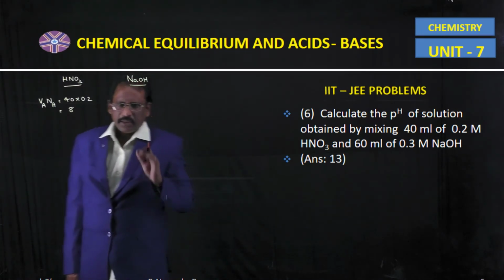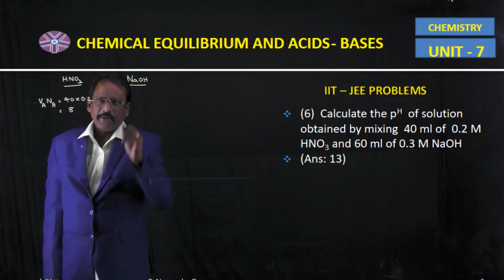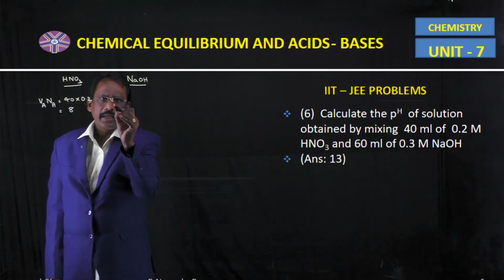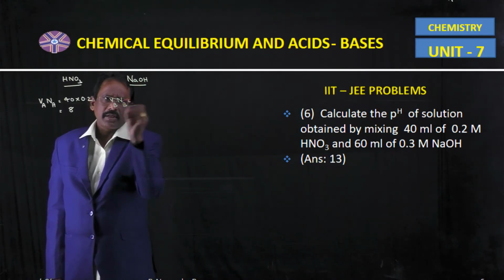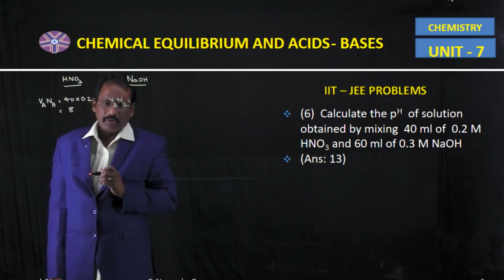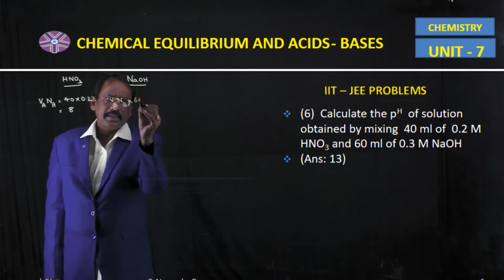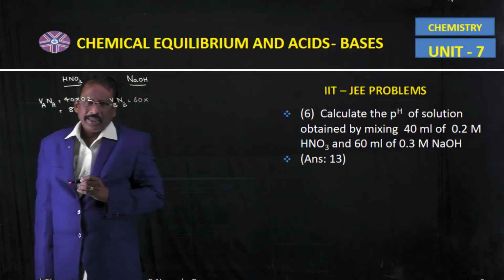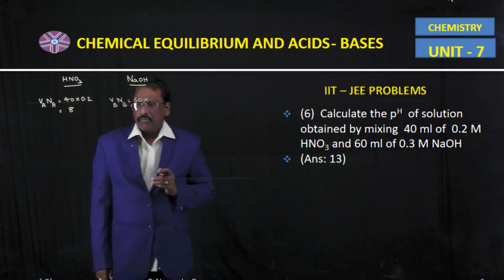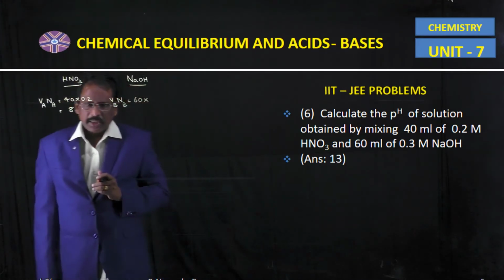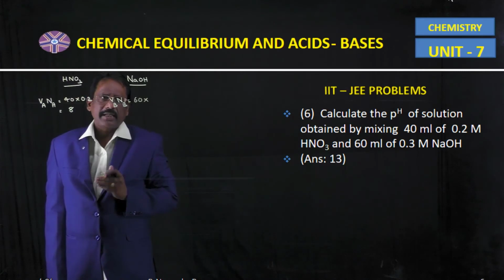Similarly, in the case of caustic soda, milli equivalence of this base is equal to volume into normality. Here volume is 60. In the case of caustic soda, molarity and normality are the same.